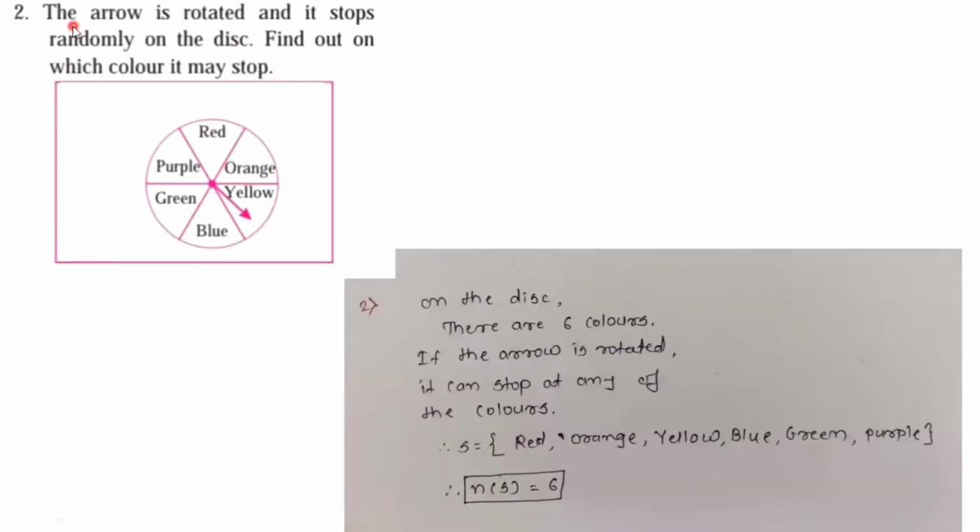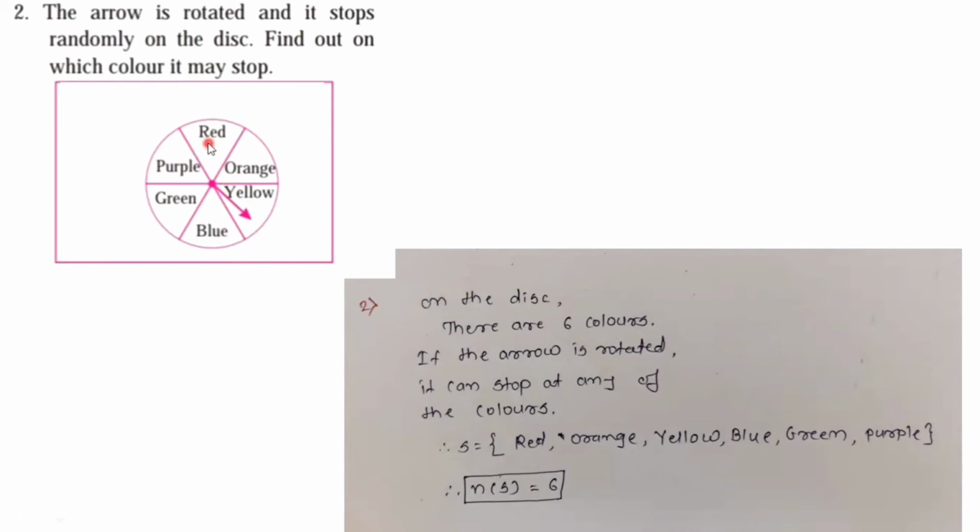The next question is, the arrow is rotated and it stops randomly on the disk. Find out on which color it may stop. There is a disk given and on that disk various colors are written: red, orange, yellow, blue, green and purple, and there is one arrow on the disk. This arrow is rotated and we have to find all the possible colors on which it may stop.